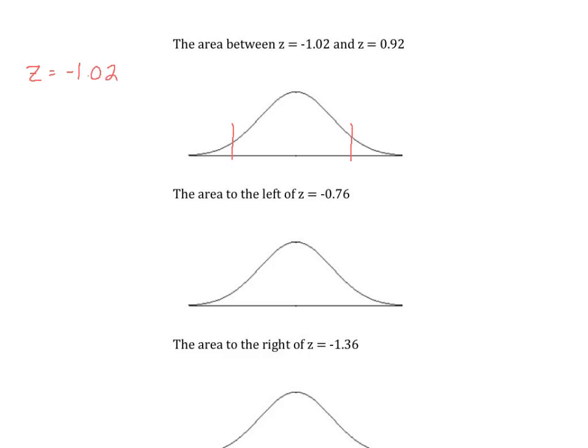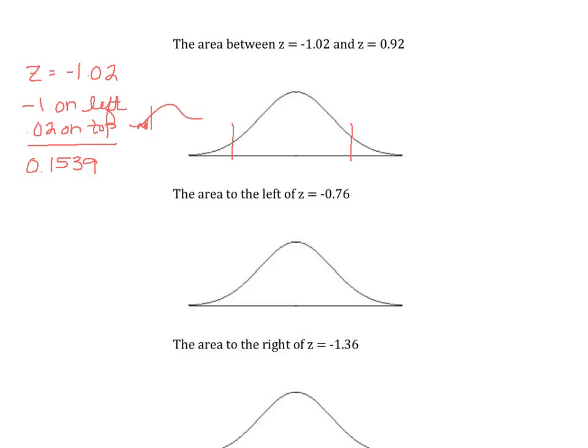On the left-hand side, you're going to look for negative 1, and then pair that with 0.02 on the top. Where they collide, you will see it's 0.1539. This is going to be the area to the left, just as an example.